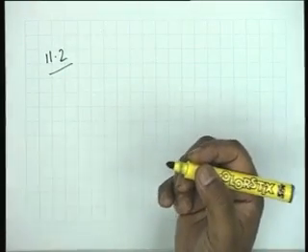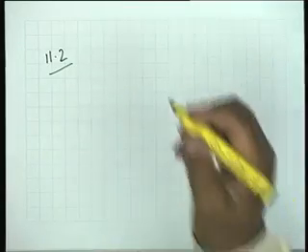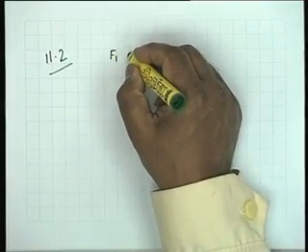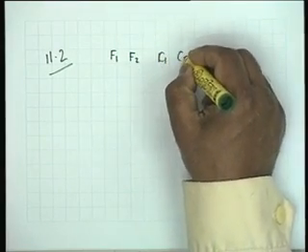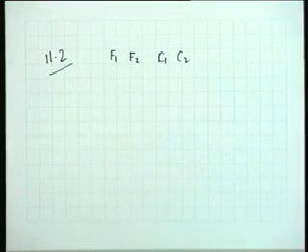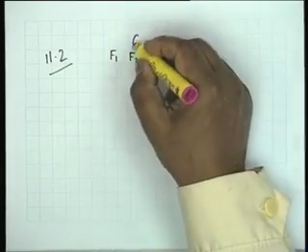11.2 says, indicate the general form of two Foster and two Cauer networks F1, F2, C1, C2. Only general forms are needed.